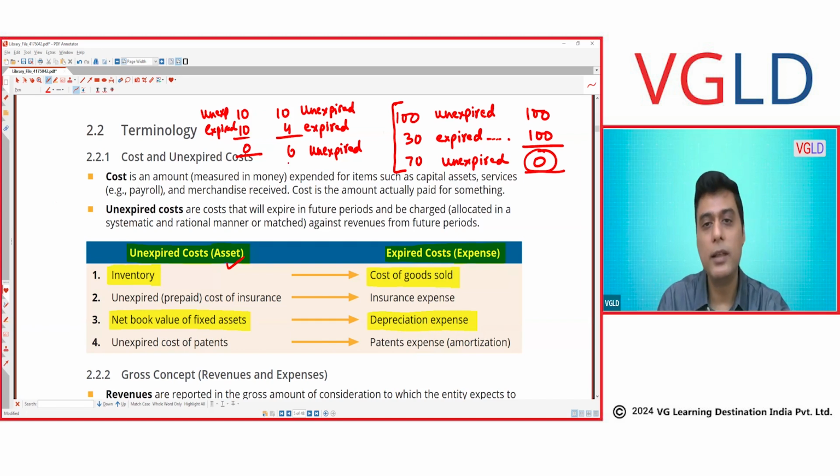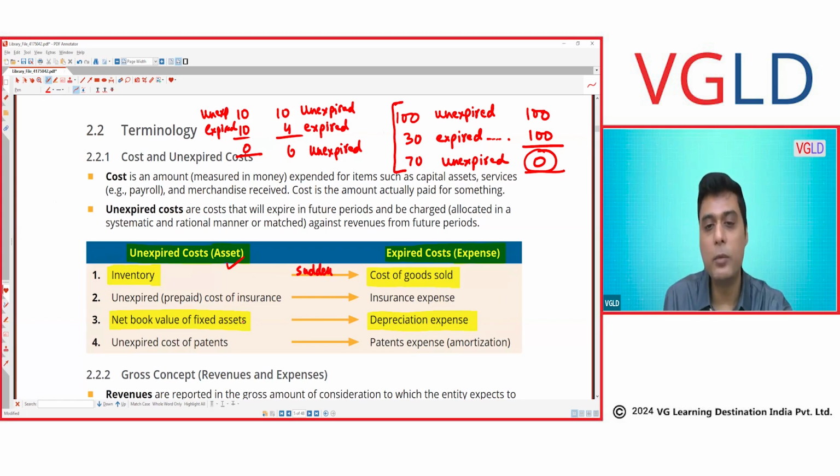Right? Similarly here, expiry is happening every moment. Yes, in the case of inventory, expiry is happening in one go, like sudden. You have the inventory, next moment you don't have the inventory because you have sold it. So here expiry is sudden. It's like an accident.